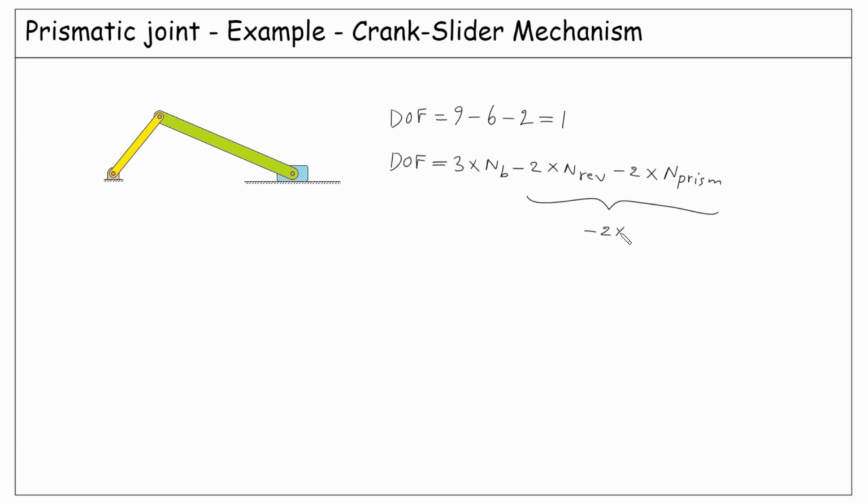So 3 times number of bodies minus 2 times J1. The J1 simply means the number of joints which let 1 degree of freedom. When a constraint lets 1 degree of freedom, it means that it eliminates the 2 other degrees of freedom, because in total there are 3 degrees of freedom between every 2 rigid bodies.